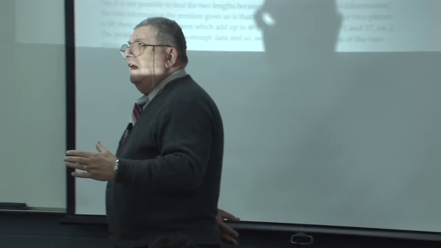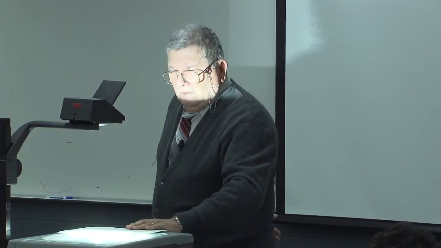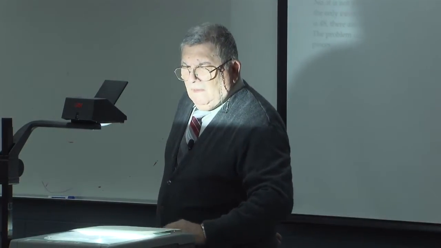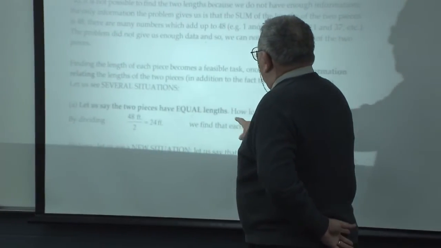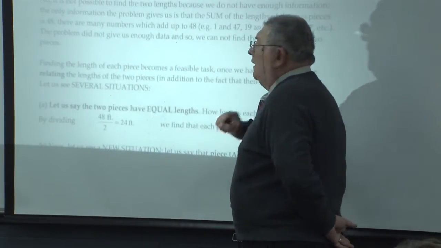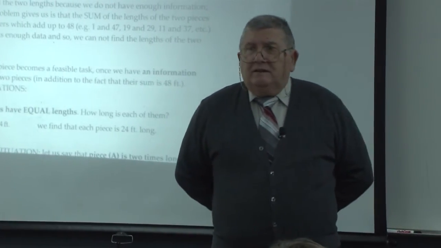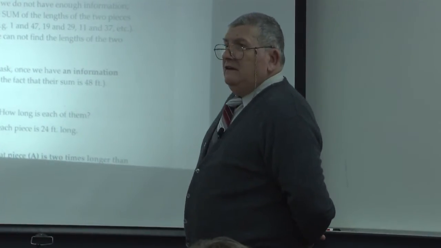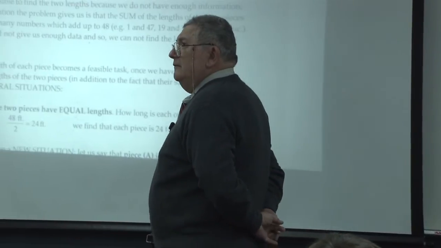And let's start with some situations. Let us say that the two pieces have equal length. Then if the two pieces have equal length, then the length of each piece is very easy to find. 48 divided by 2.